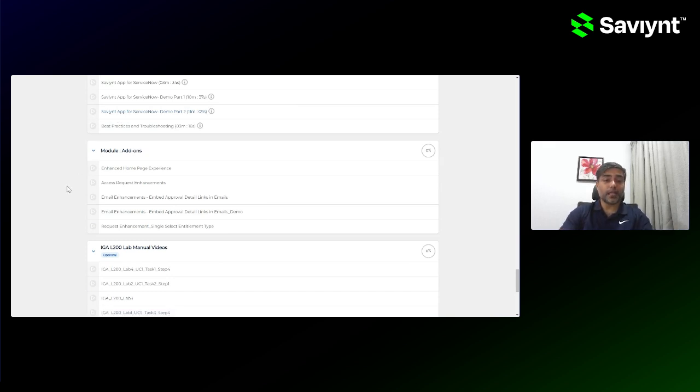Both level 100 and level 200 have a lab environment that we will provide you. There are about 300 to 400 pages of lab instructions. We call it a lab manual. We'll give you that document so that you can practice some of these common use cases directly on our platform. So it's a great way to gain hands-on experience with our platform.